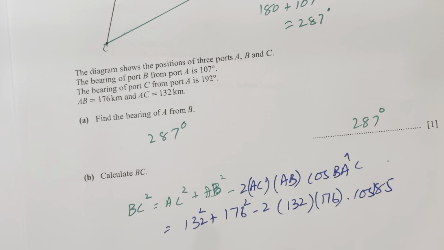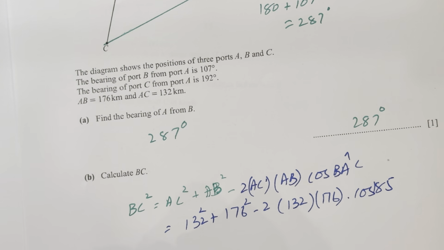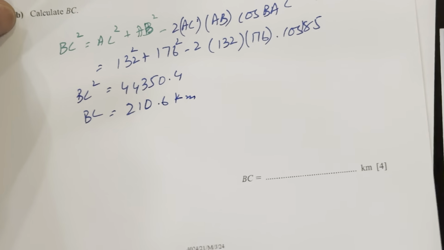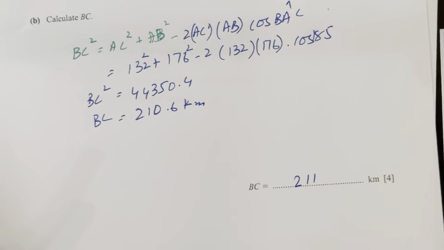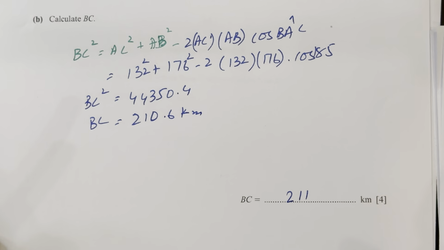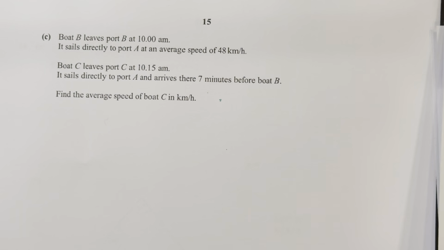Okay, you get the value of BC square, that is 44350.4, and taking the square root of it, you get the value 210.6 kilometers, or approximately you can say your answer is 211 kilometers. So this was your question number 9.